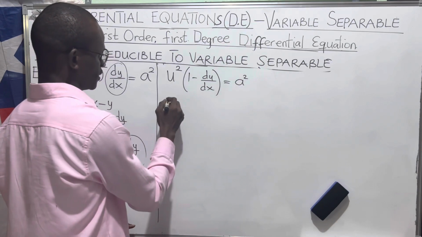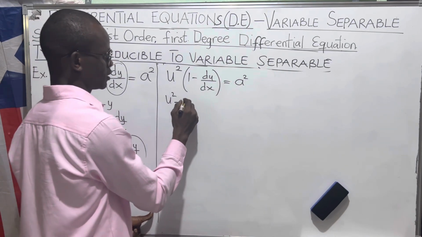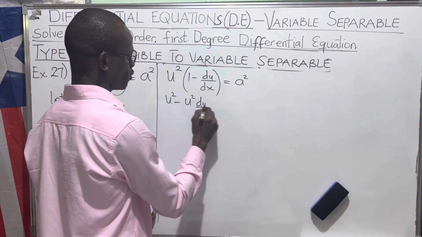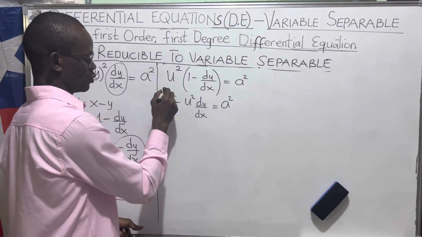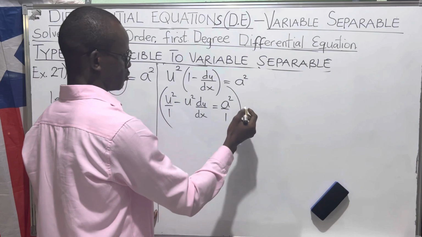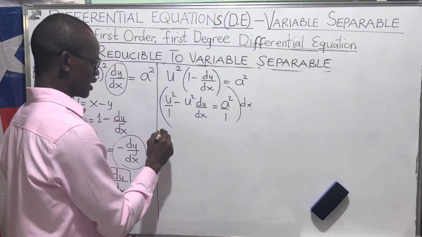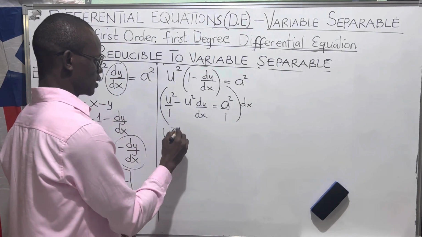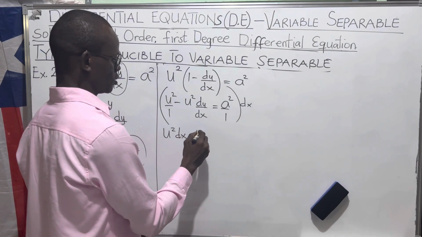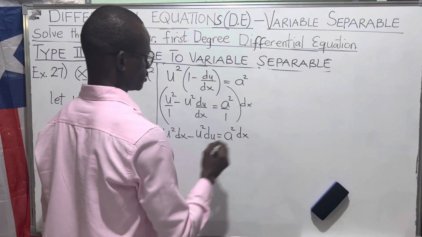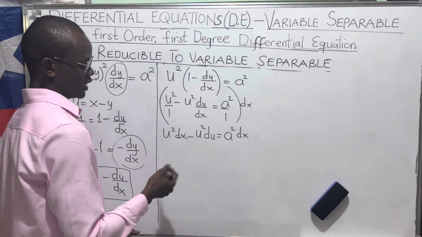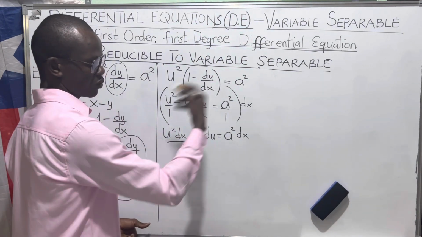If we multiply now, we have u squared minus u squared du over dx equals a squared. So we can multiply this whole thing by dx. We'll have u squared dx minus u squared du equals a squared dx. So we can now put dx on one side of the equation.